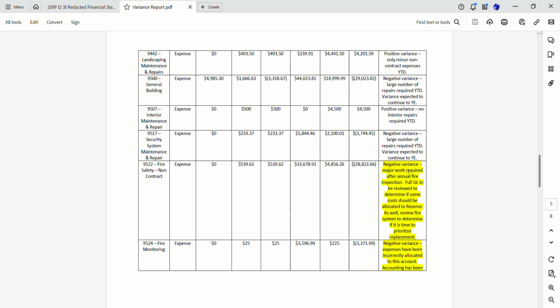I put the explanation like the fire safety non-contract. Similarly, like the one for the landscape and snow removal. For this one, if some of the major repair or replacement can be moved from the operating to the reserve fund, otherwise we are going to be over budget, and for next year the budget will increase sharply for this spending.